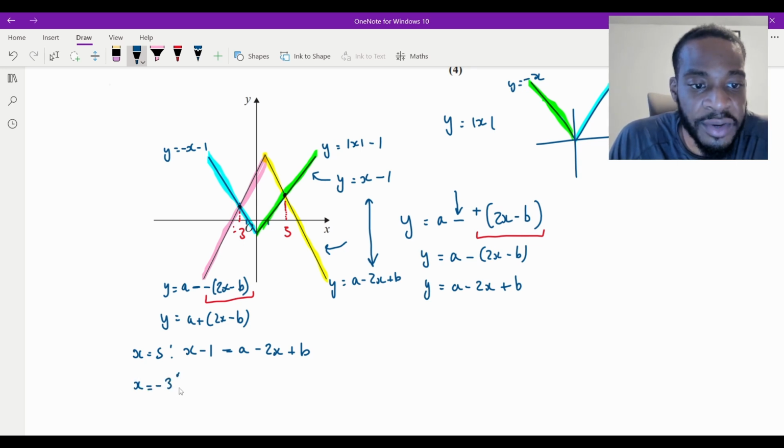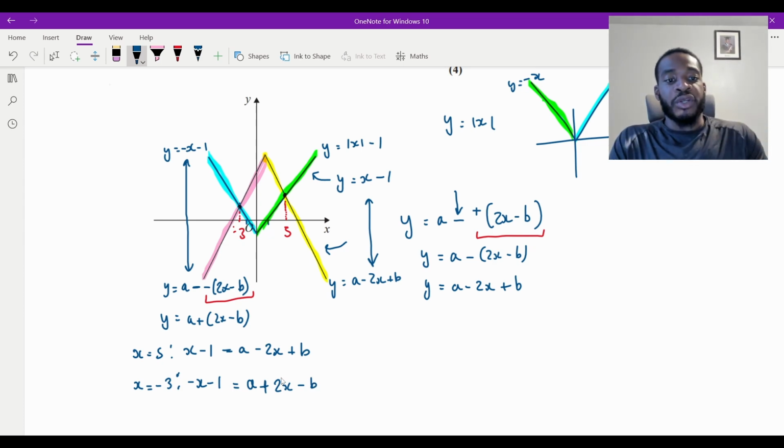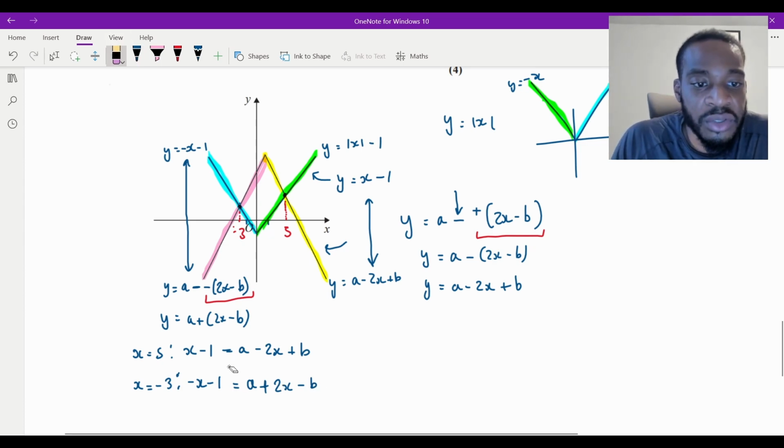It's going to be y equals minus x minus 1, and I'm going to equate it to that one there, isn't it? Right? So it's going to be minus x minus 1 is equal to, and then it's going to be a plus, and then bracket 2x minus b. I can just write as 2x minus b, like that. So now I'm solving these two equations. Let me write that so it looks more like an equal sign.